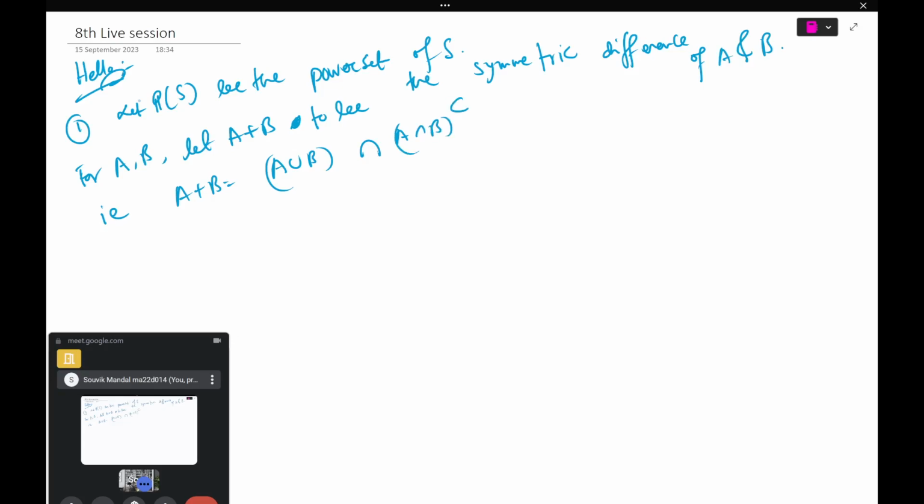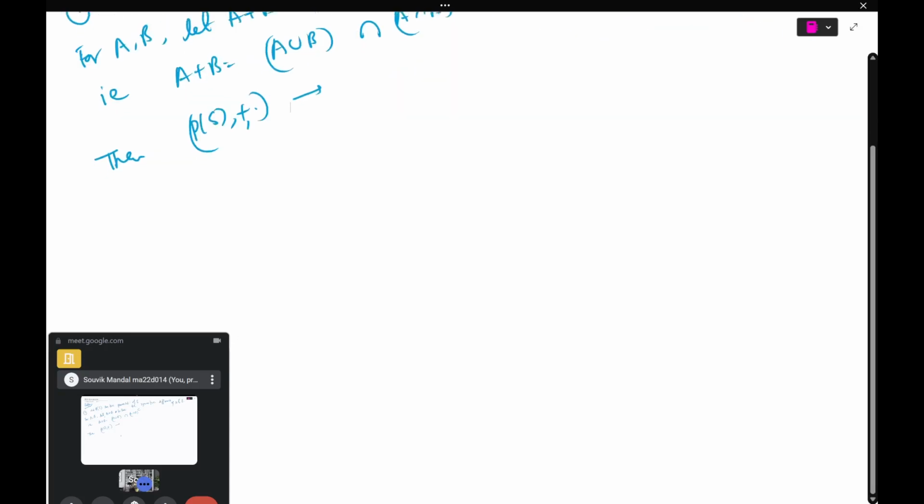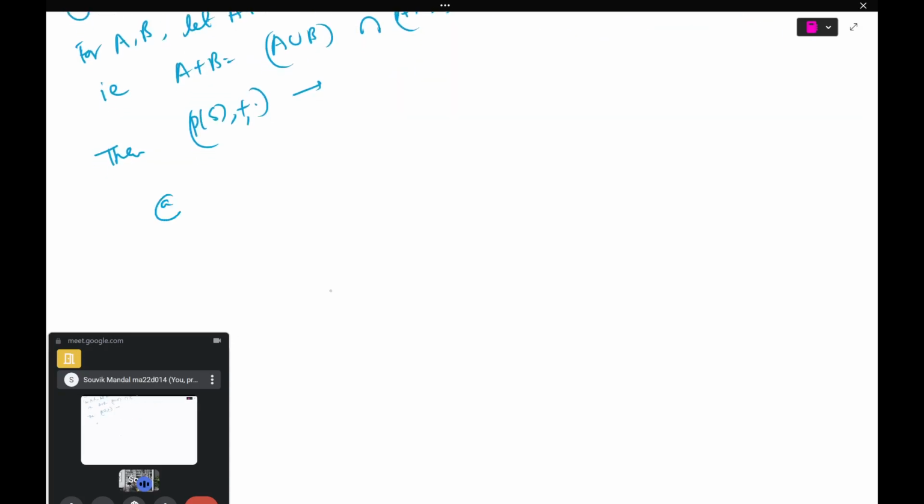Let's multiply now. Question: what is P(S) with plus and dot? I mean it's a ring, but the question is the following. Option A is not a ring. Option B is not a ring.